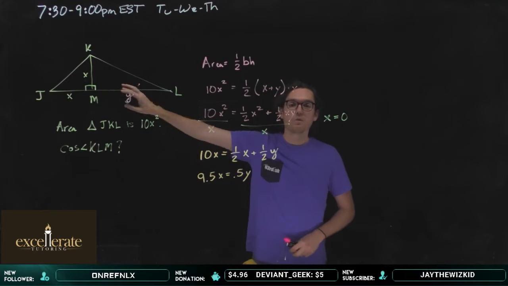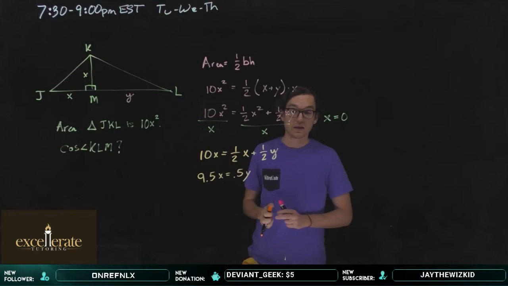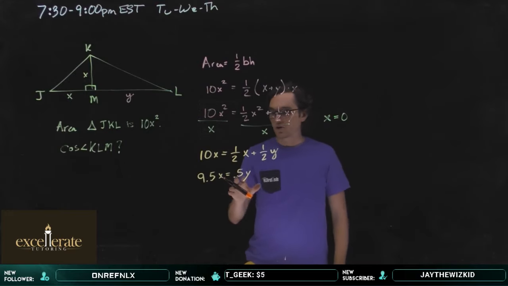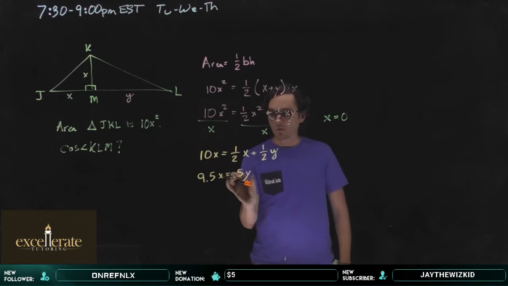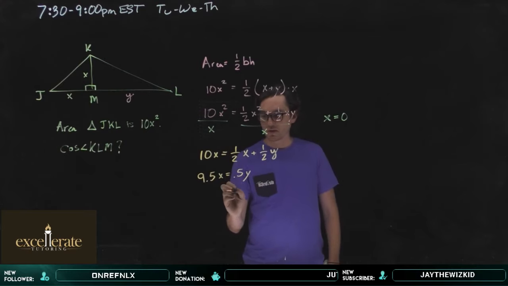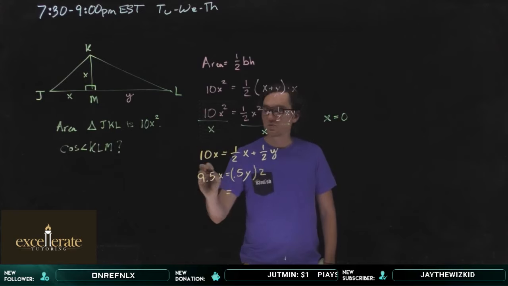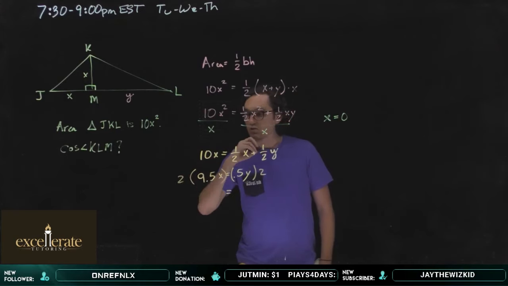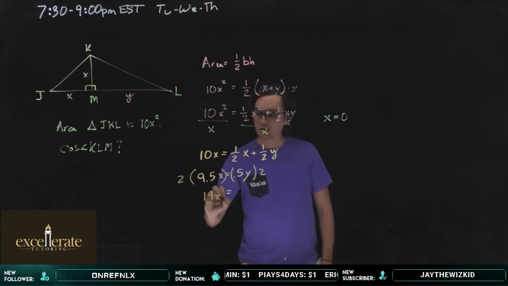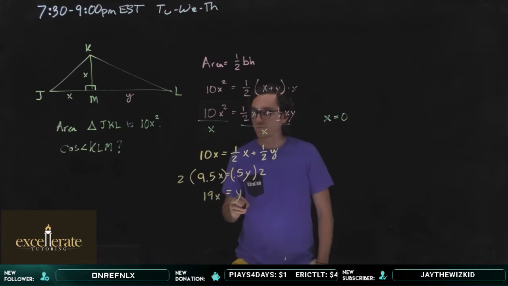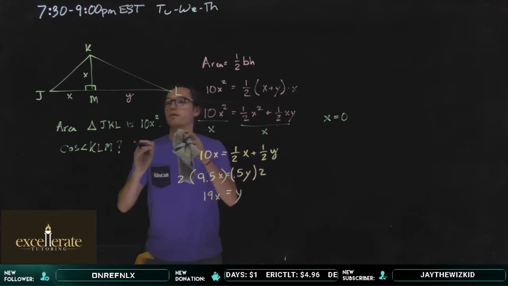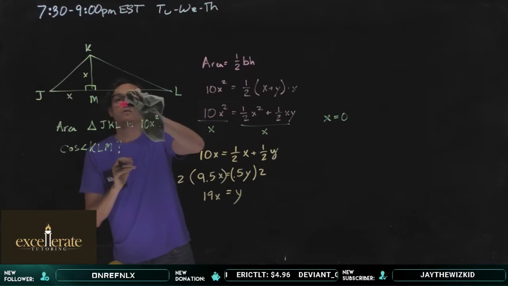So I can have the entire base as x, and then we can actually start seeing some things happen. So if I want to solve this thing for y, I would multiply both sides by 2, because that would be the same thing as dividing by 0.5. So multiply both sides by 2, and you're going to get 19x is equal to y. So in for y, I'm now going to write 19x.